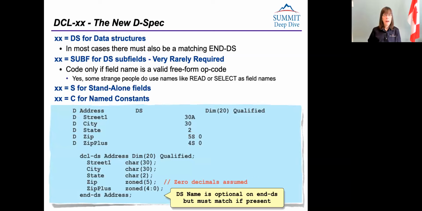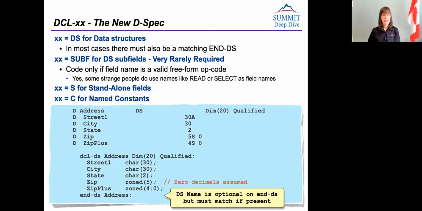Moving on from the F specs now to the D specs. So for data structures, the XX after the declare is going to be DS for data structure. There is also something that you will probably never see. I don't think I've ever seen it yet in actual real life code, other than just examples that people were providing.